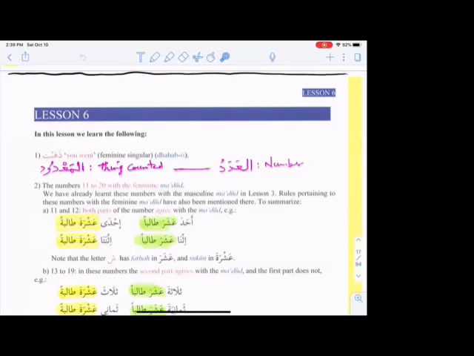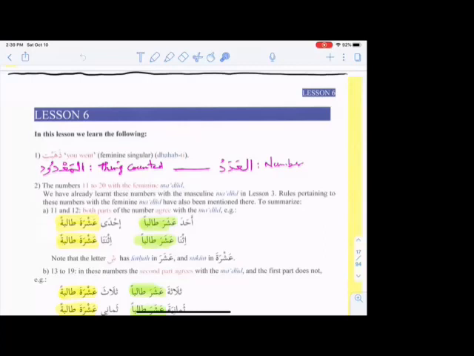It's very difficult, the Arabic numbers, not to discourage you in any way, but to tell you the facts. Even I, after teaching for so many years, am still not very confident in saying those numbers. So I will go through the numbers very lightly, but I'll explain to you.